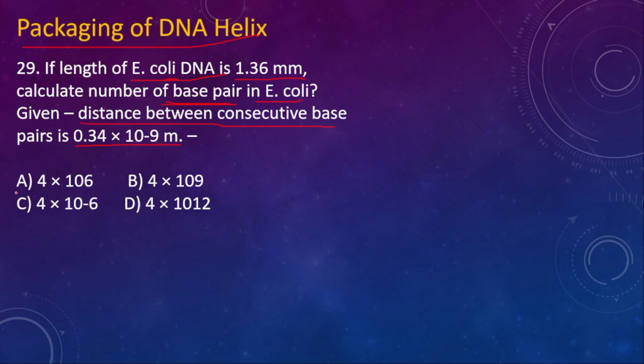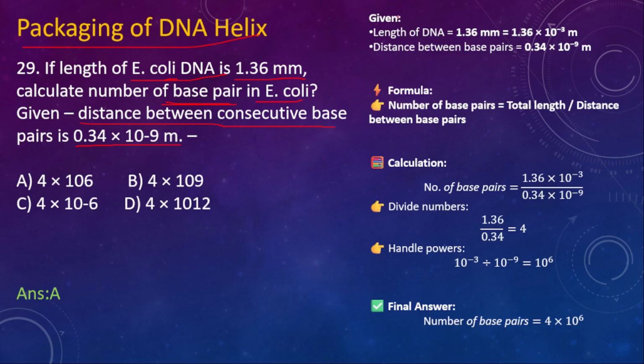Before giving the options, let me give you a very short trick. See how you can calculate this. A long calculation is also there, and a very short one too. Let me explain first. The length of the DNA is given as 1.36 mm, which is equal to 1.36 into 10 to the power of minus 3 m.